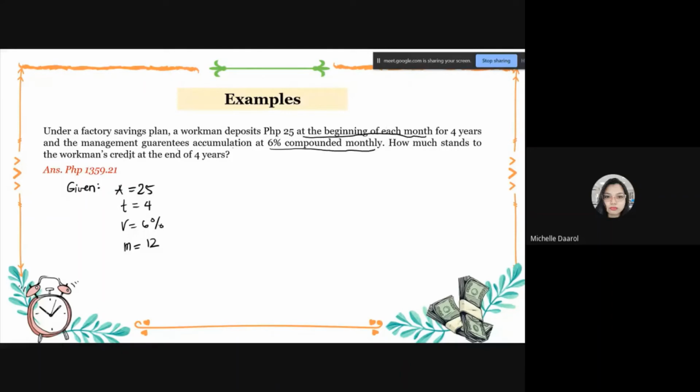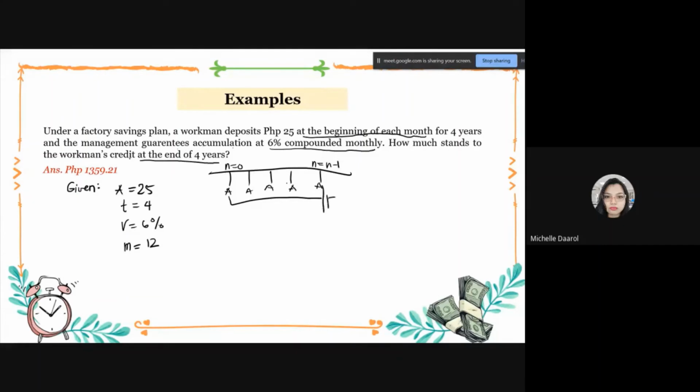It means how much is the total accumulated in the future, at the end of 4 years. So n here is 0 and the last is n minus 1.